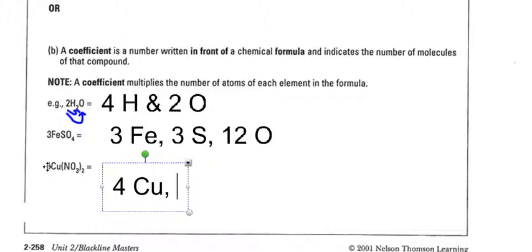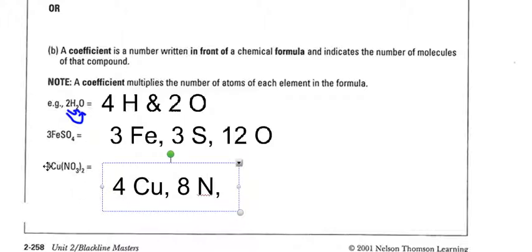Covering up this 4 again, if I look at how many Ns I have, 2 sets of 1, so 2 Ns, but I have a 4 in front, so 2 Ns multiplied by 4 is 8 Ns.